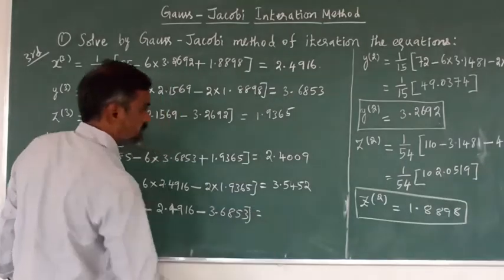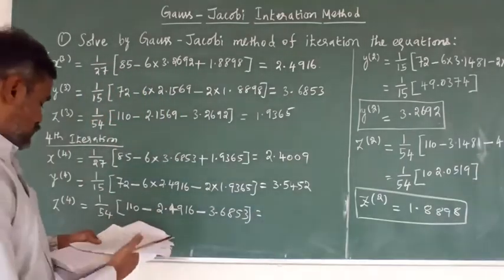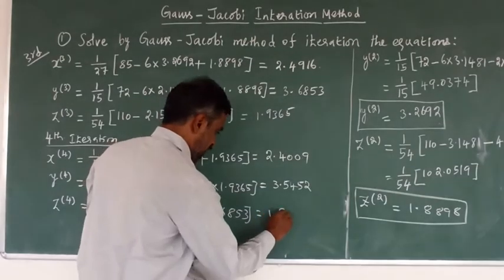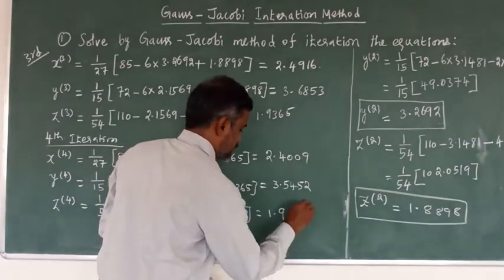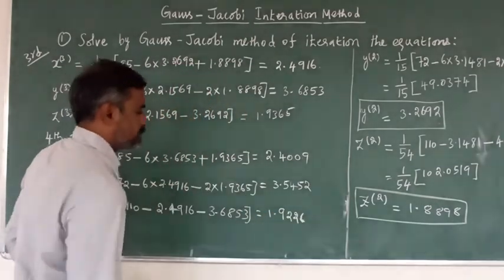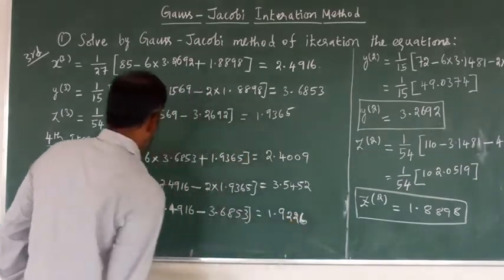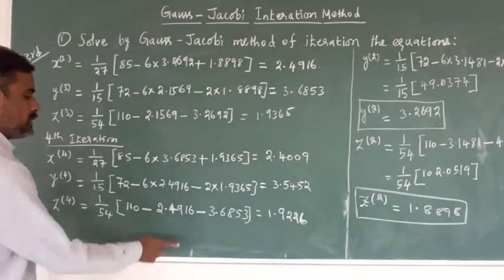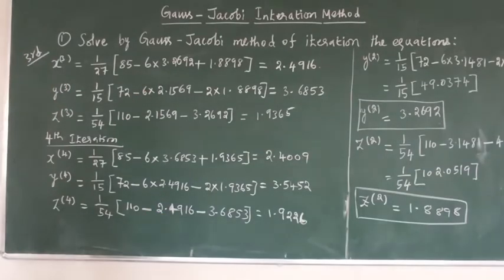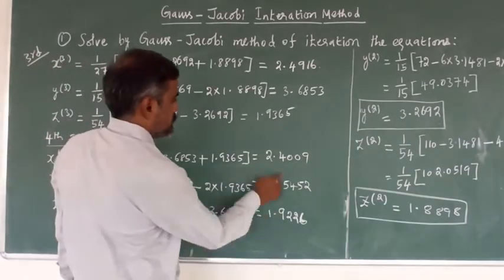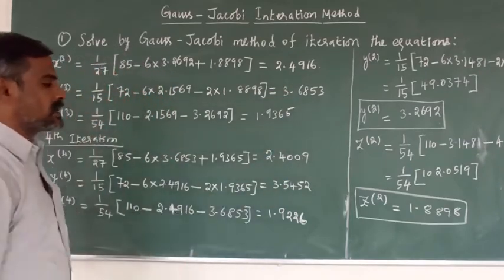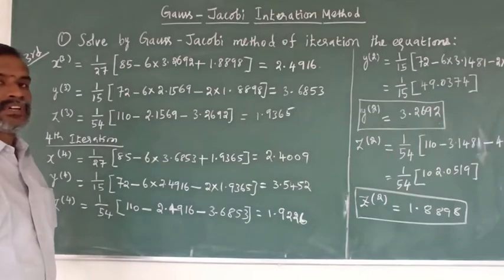Simplifying, we get the result 1.9226. Now comparing the third iteration result with the fourth iteration, it is not the same, so we continue to the fifth iteration.